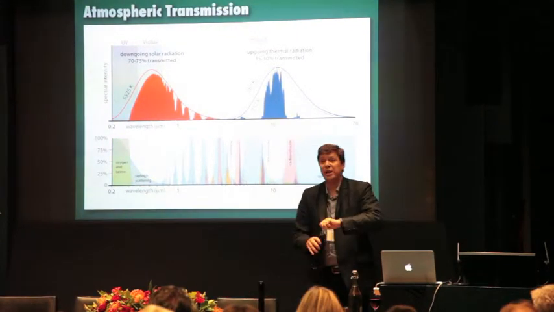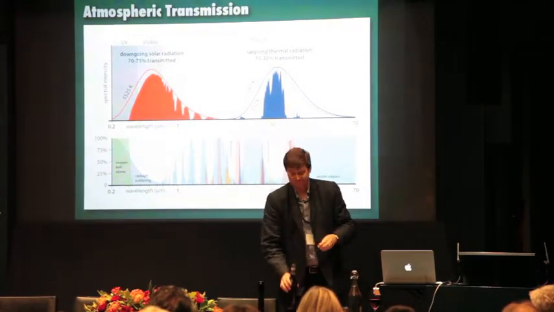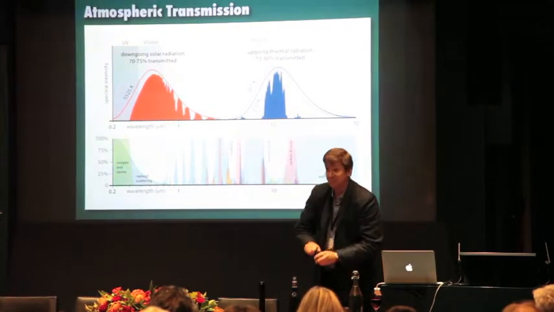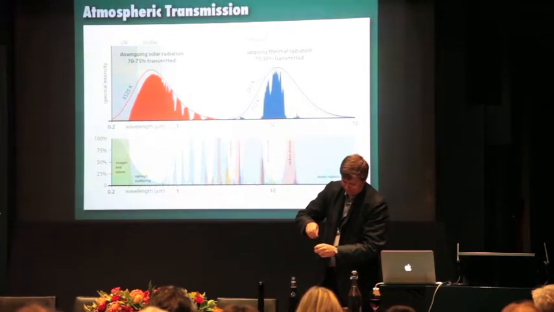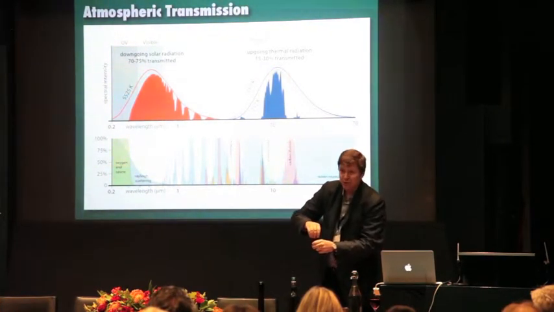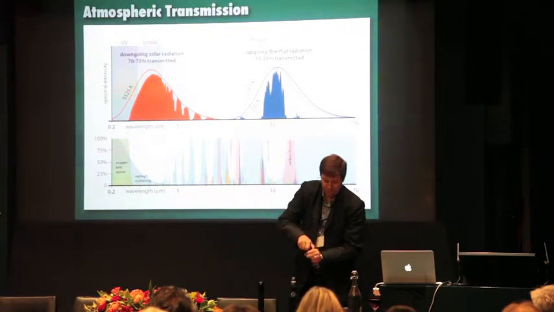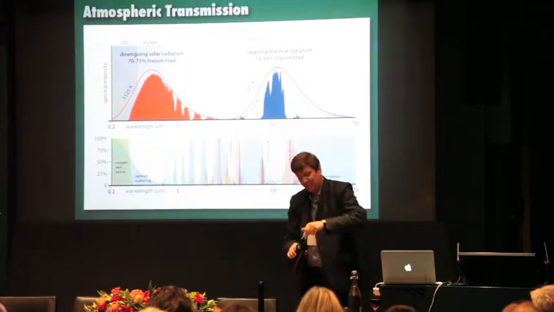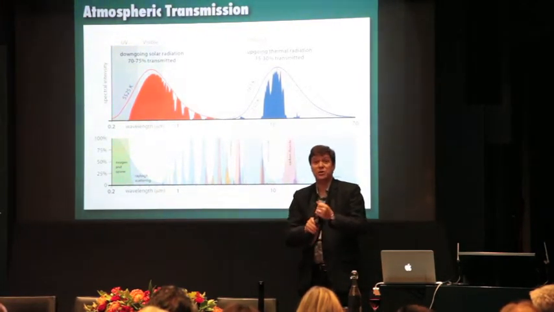What do you think is going to happen if I add just 2 more drops to that? We better find out. So, 1, 2. 280 parts per million to 400 parts per million. It's not much, is it? 2 drops out of 6.